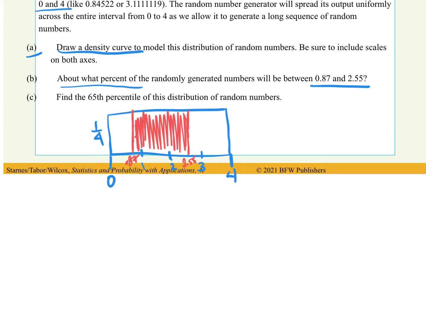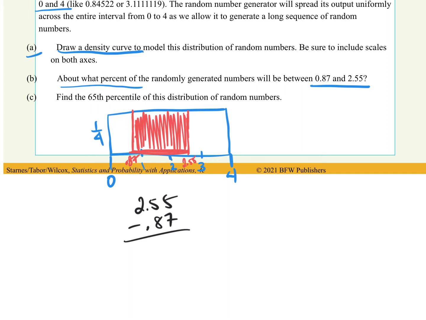The area, is it 2 exactly? Can we find the exact difference of the base of that rectangle, the red rectangle? How am I going to find that? 2.55 minus 0.87, right? That would be the length of our red rectangle. Yes?